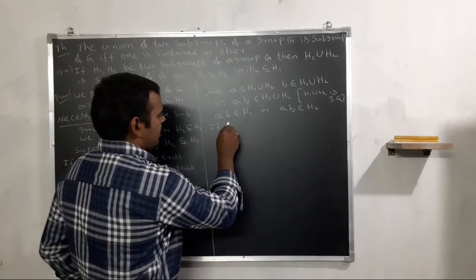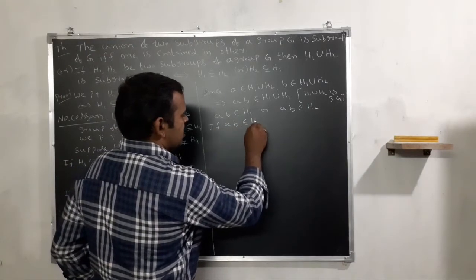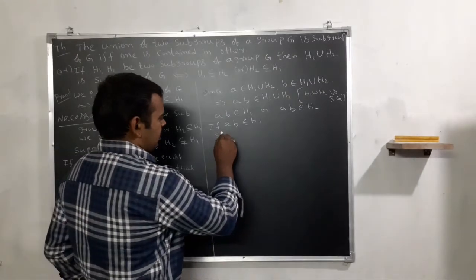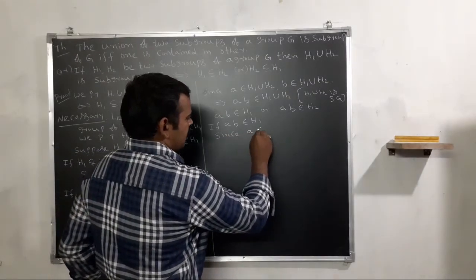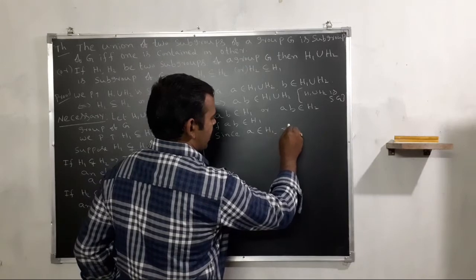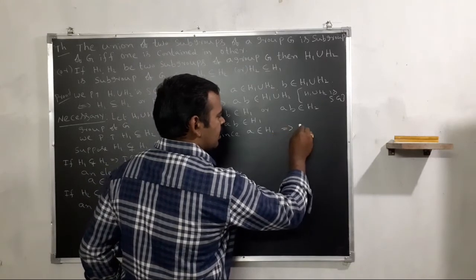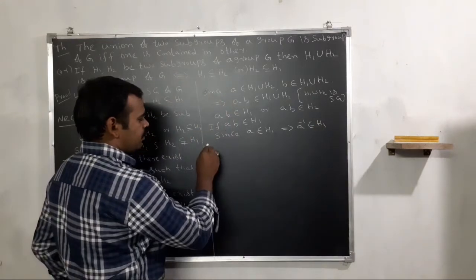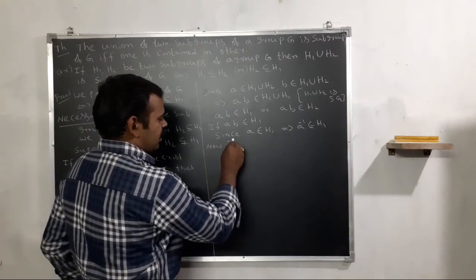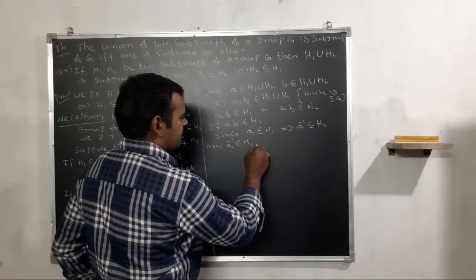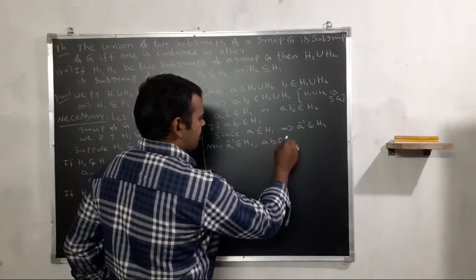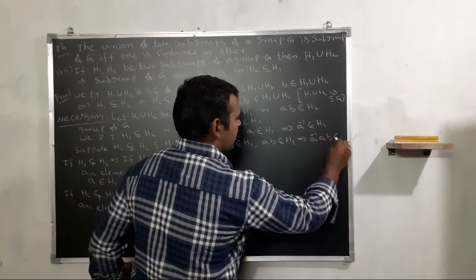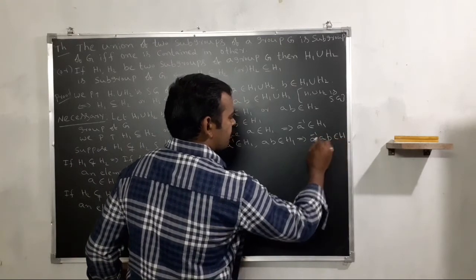Suppose AB belongs to H1. Since A belongs to H1 and H1 is a subgroup, the inverse property is satisfied, so A inverse belongs to H1. Now A inverse belongs to H1 and AB belongs to H1 implies A inverse into AB belongs to H1.